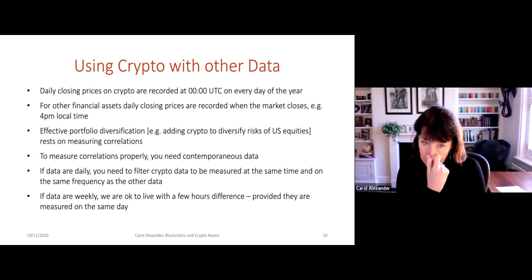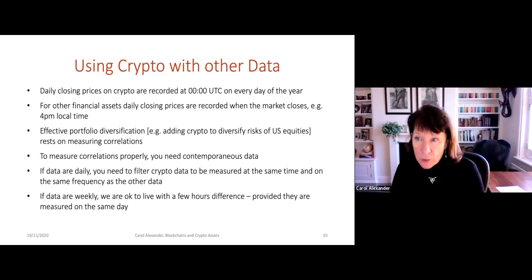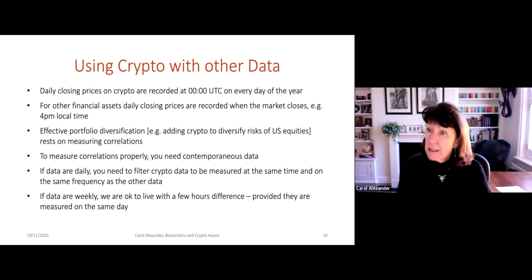So if you want to have effective portfolio diversification, for example, adding crypto to diversify the risks of US equities, then you need to measure the correlation properly. And you can't measure the correlation unless you've got absolutely contemporaneous data, because if they're out of sync, you're not measuring like with like.